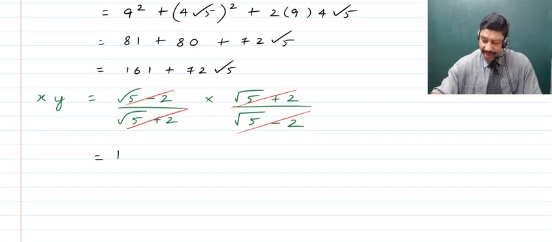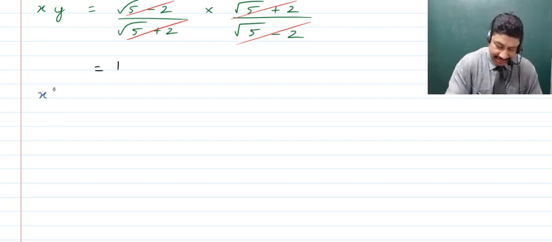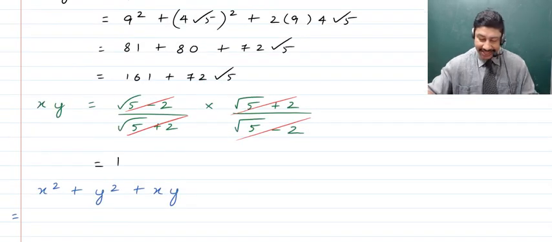Now remember children, we have to find the value of the expression, which is x square plus y square plus xy. We can find this by just keeping the values that we've already found and adding them up.